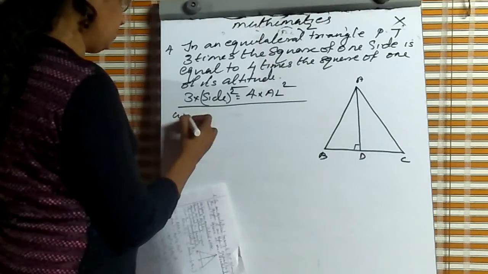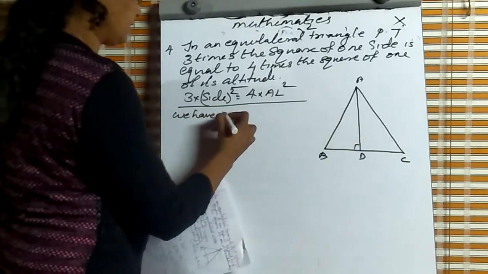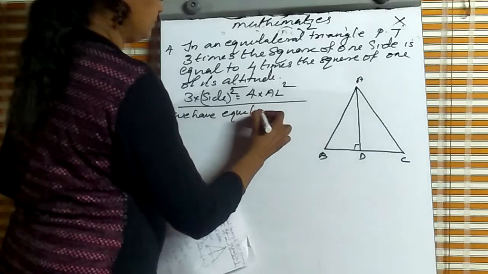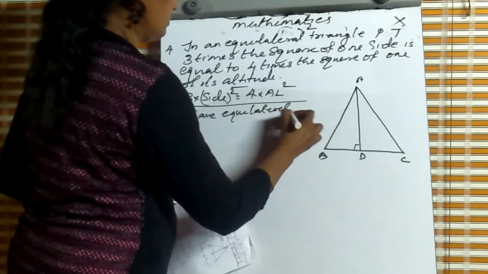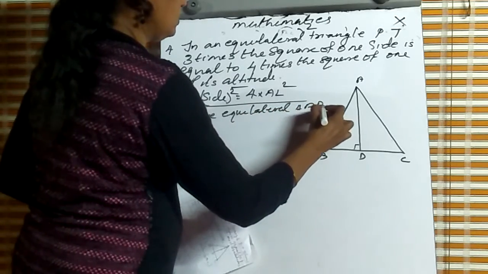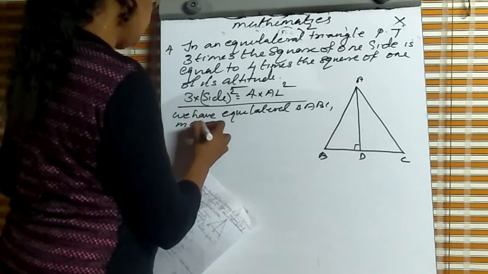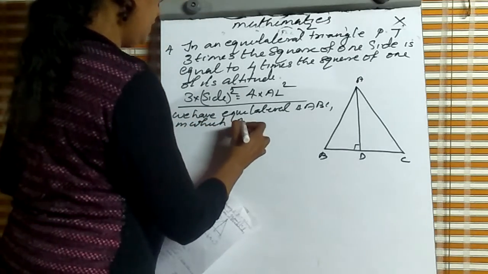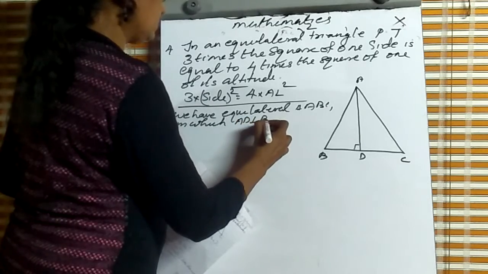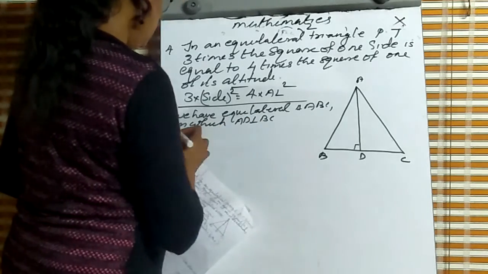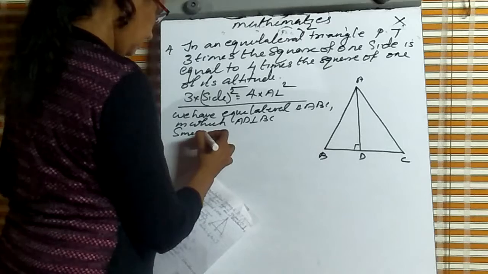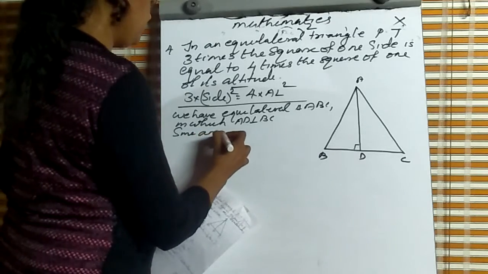Here what is given? We have an equilateral triangle ABC in which AD perpendicular to BC is an altitude.